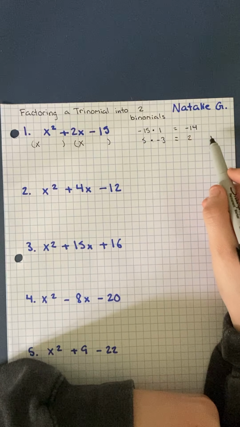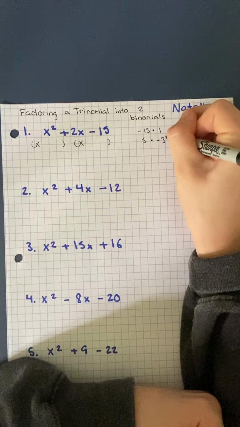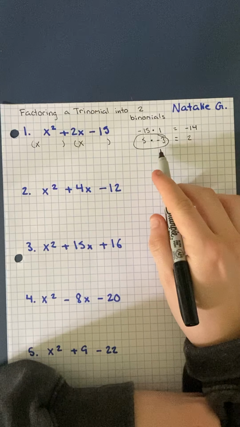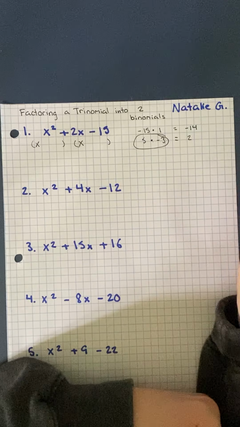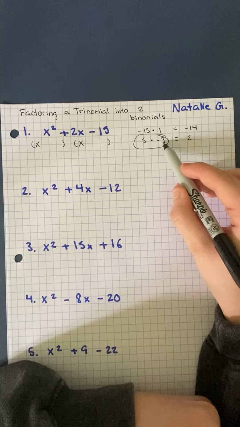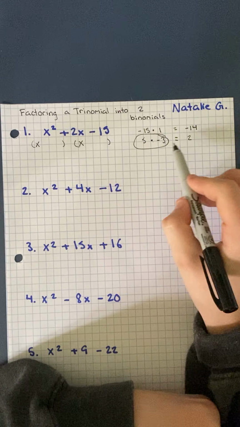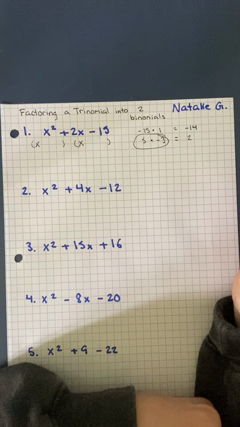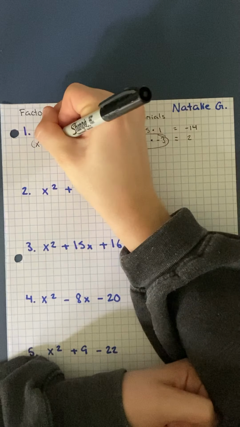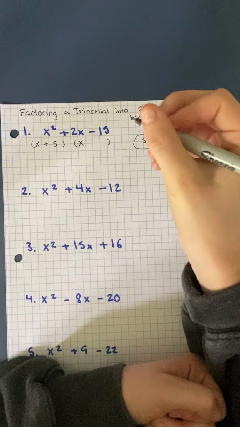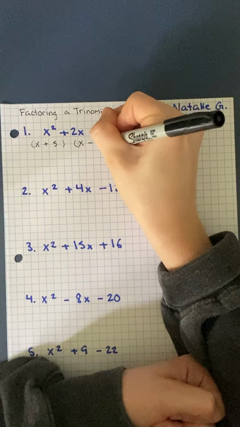So this is our equation that we've chosen, because it equals the middle term. We go back and plug these into each binomial, so we put plus 5 and minus 3.